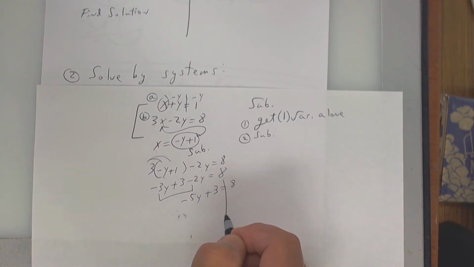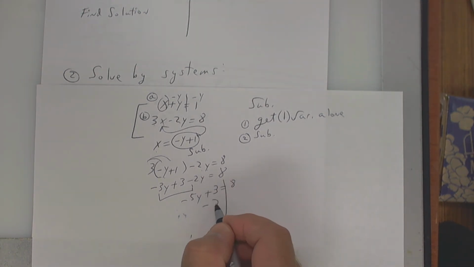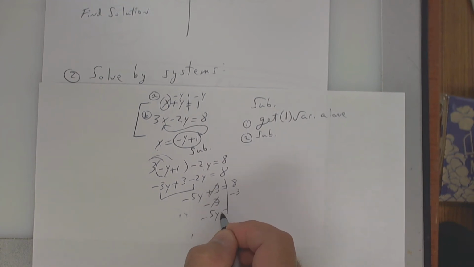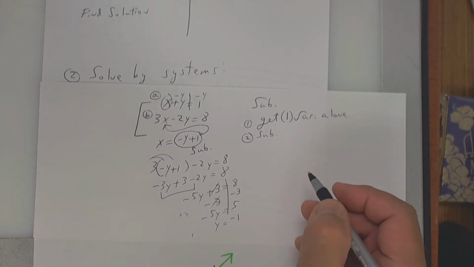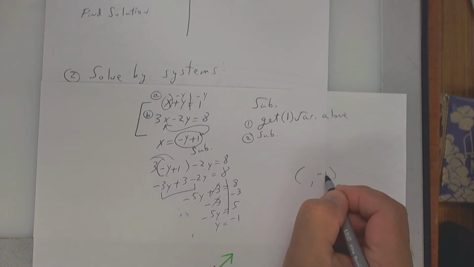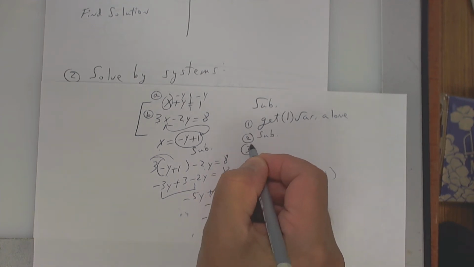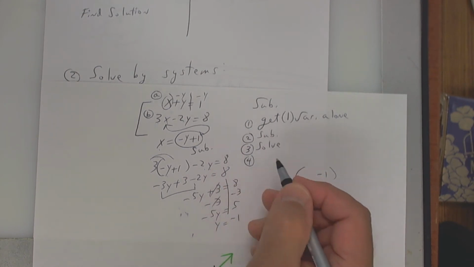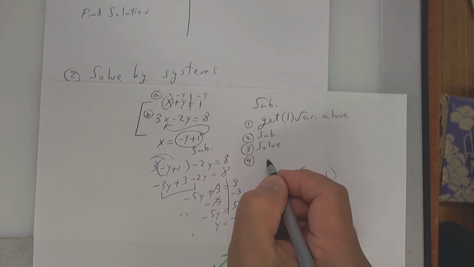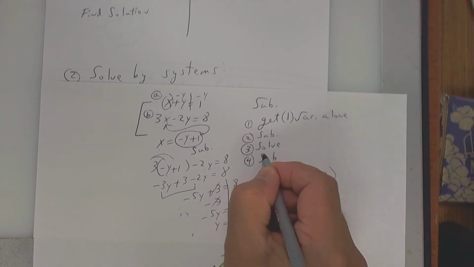And then you got to be able to solve a two-step equation. So I'm going to subtract 3, and I get negative 5y is equal to 5. y is equal to negative 1 when I divide by that. So my y is a negative 1. So step 3 is to solve, and step 4 is to substitute back in your sub.